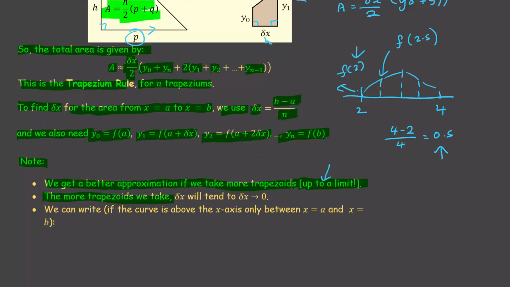The more trapezoids we take, delta x will tend to 0. We can write this if the curve is above the x-axis only between x equals a and x equals b. Otherwise, we have the same considerations that we had before, with some of the area above and some of the area below.